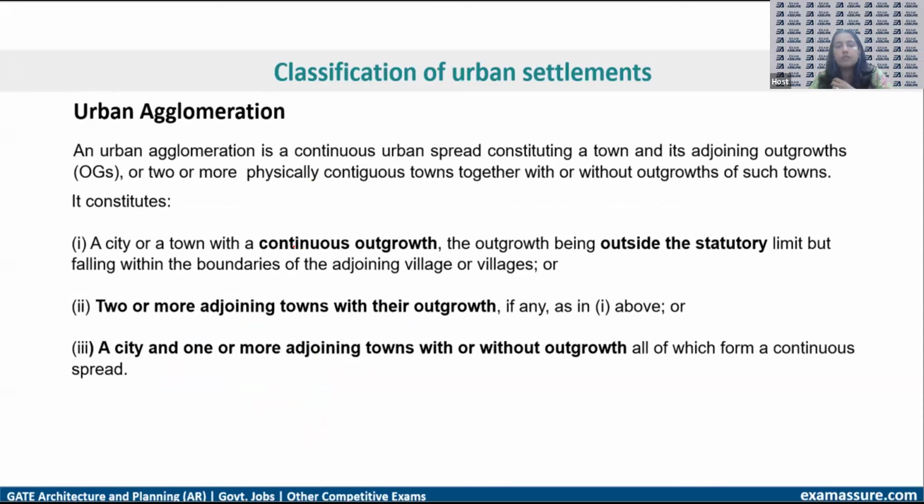Anybody? Can I say agglomeration is coming together of 2-3 units or 2-3 entities? Yes. Do all of you agree?